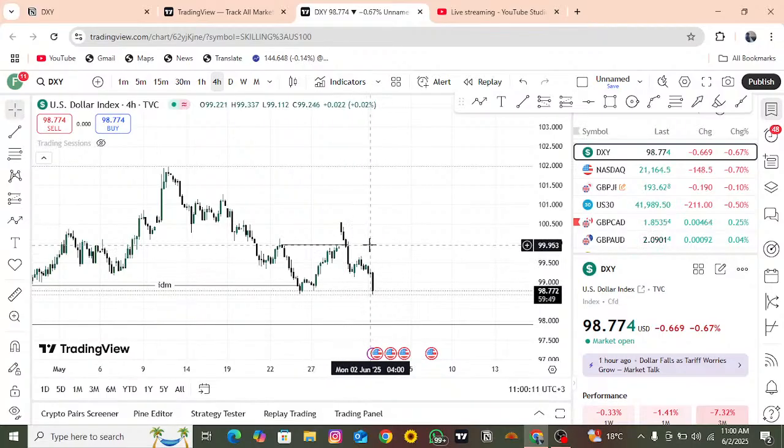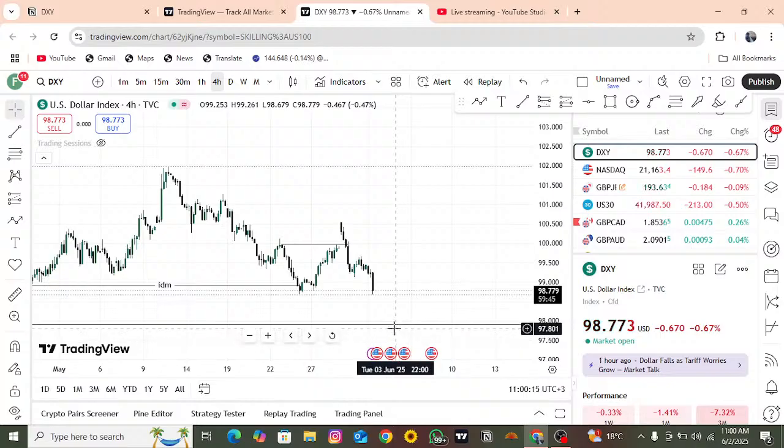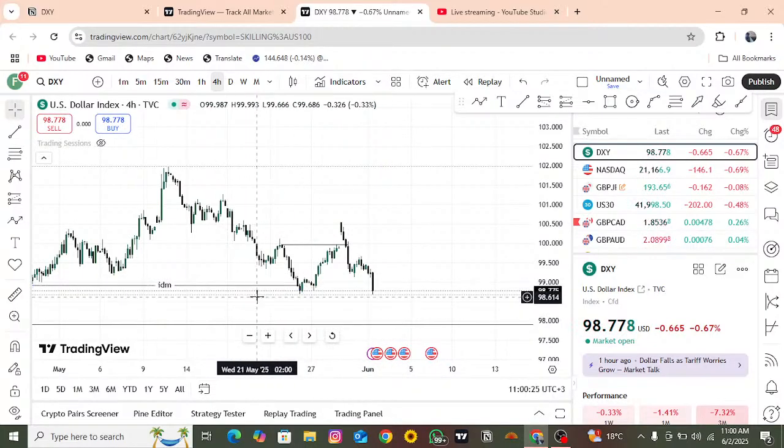So if this one is going down, it means USD is losing strength. And if USD is losing strength, in that case, we expect XXUSD to gain strength and buy. We expect in the long term XXUSD to gain strength and buy.